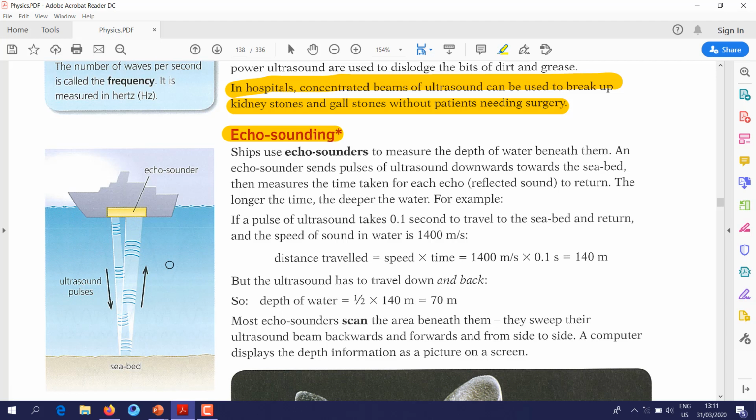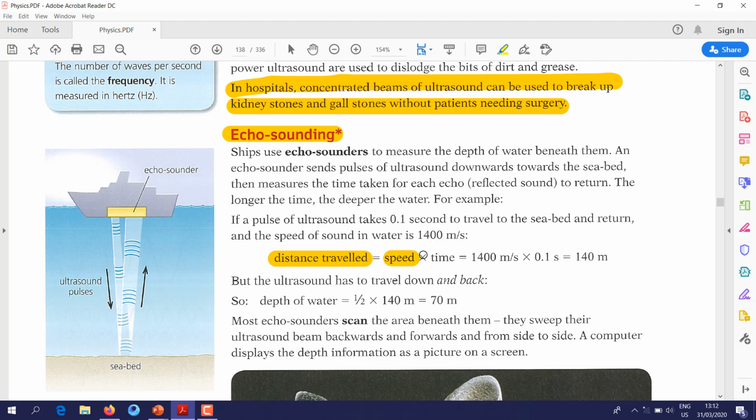So here they know the speed of waves in water, and they will also measure the time. Then if they know the time and the speed, they can find the distance traveled by using this formula. Distance traveled equals speed times time.